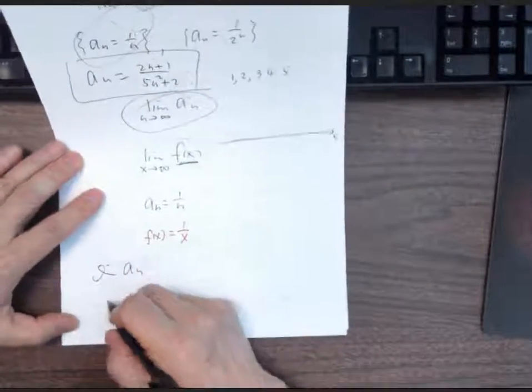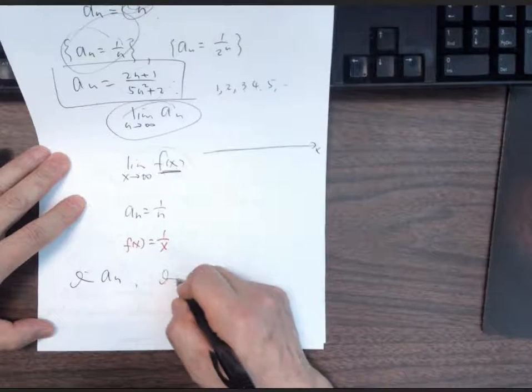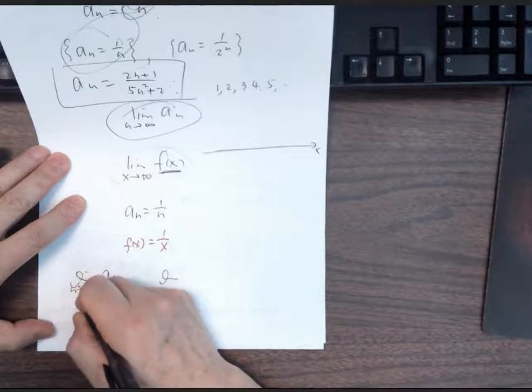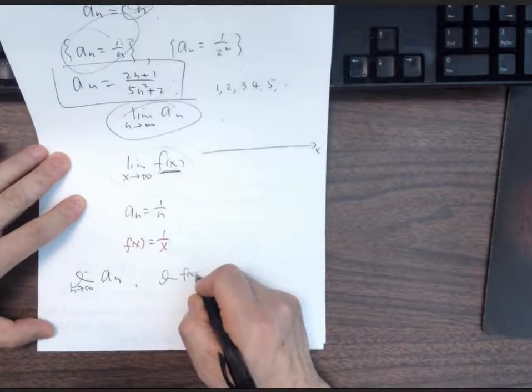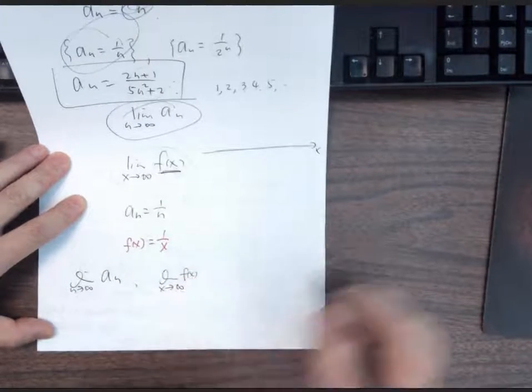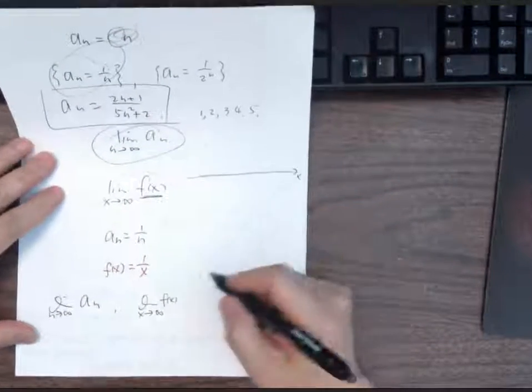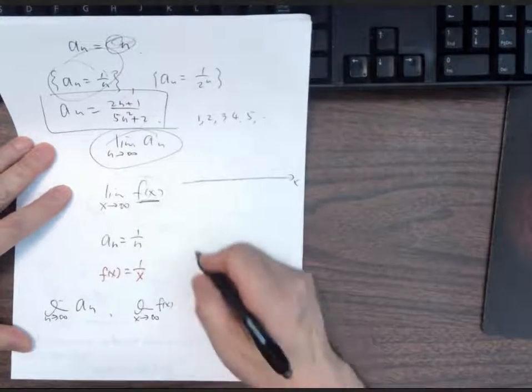What's the difference between the limit as n goes to infinity and as x goes to infinity? Well, you'll see there's not much difference in terms of limit.